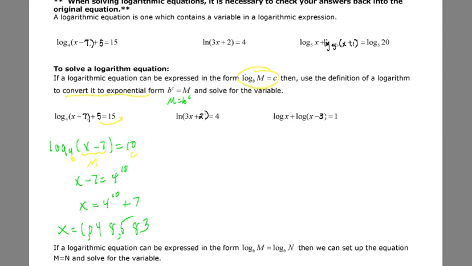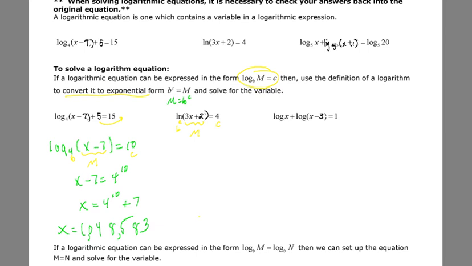Notice this one is already in the format of the log of some quantity equal to a constant. So let's do the converting, where this part is my m, this part is my c, but what's my b? What's my base b? It's understood to be e.